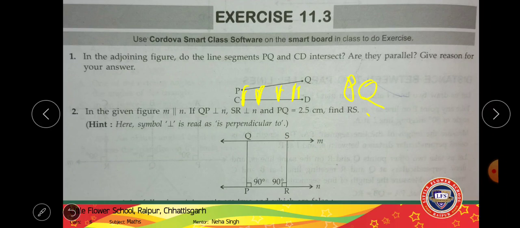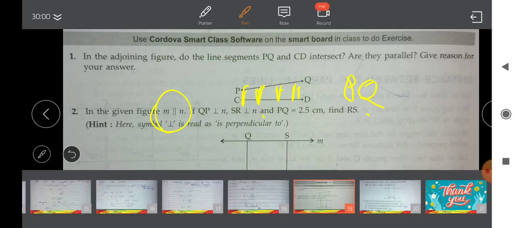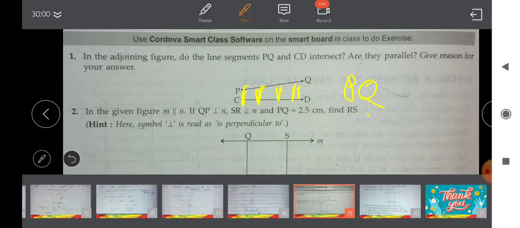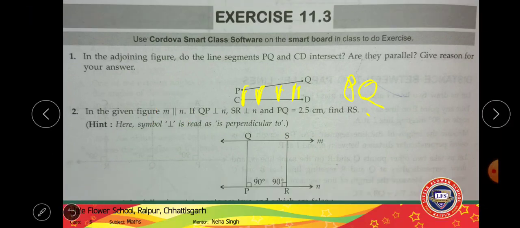In the given figure, M and N are parallel. QP is perpendicular to N, means QP is forming an angle of 90 degrees. This sign is for perpendicular. SR is also perpendicular to N, forming an angle of 90 degrees.